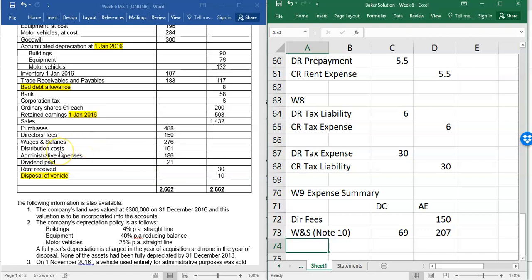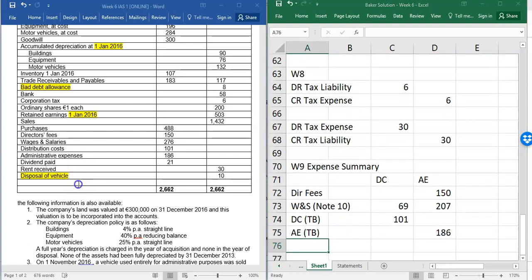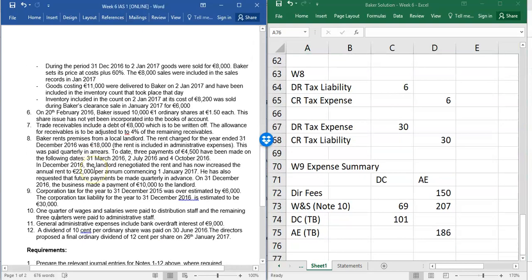Then going down along the trial balance, distribution costs, I'd put in brackets there the TB, that is 101. Admin expenses in the TB, that is 186. We'll just go down here just in case. We're told here admin expenses includes bank overdraft interest of 9.